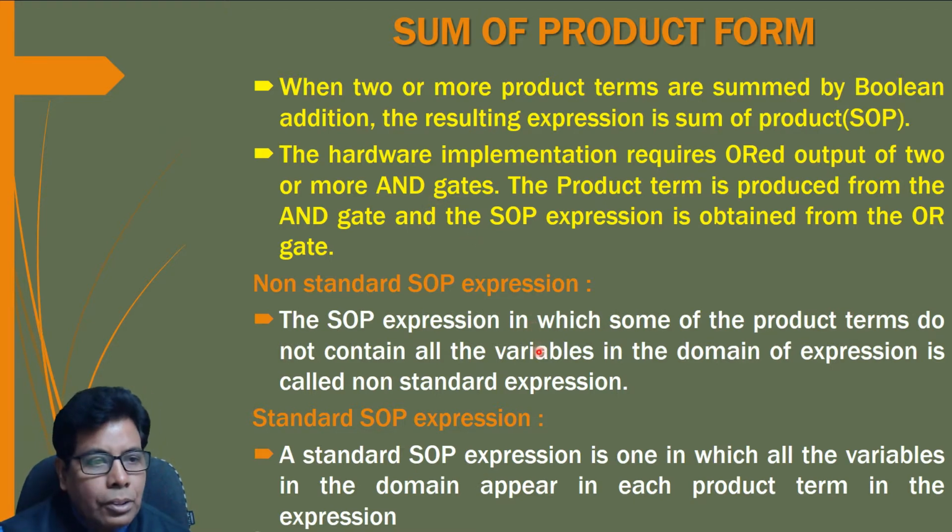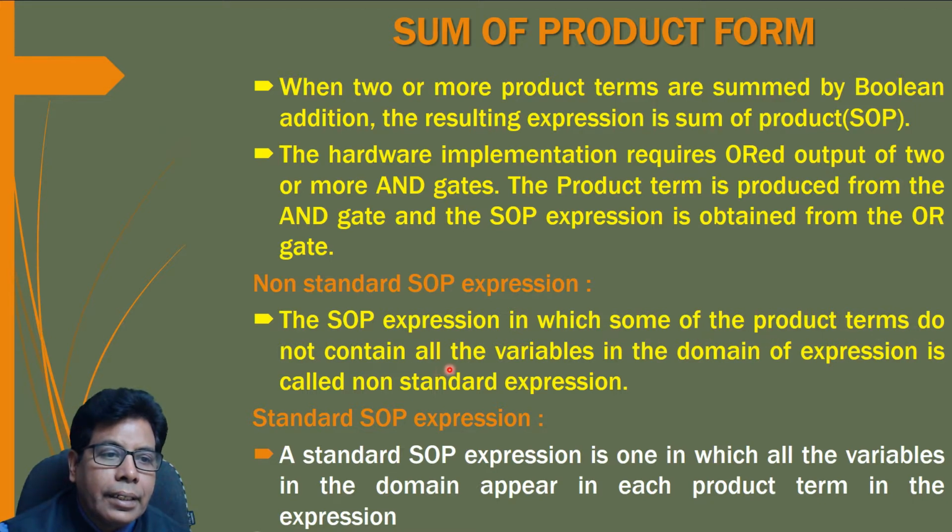Then we have two kinds of SOP expressions, non-standard and standard. What does non-standard mean? It is an SOP expression in which some of the product terms do not contain all the variables. For example, if you are having 4 variables and the product terms have only 2 or 3 variables, that means the fourth variable is not present.